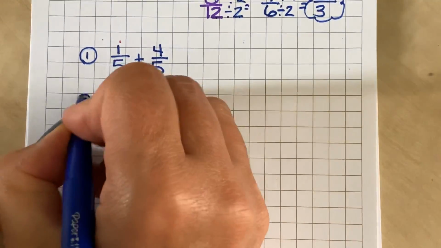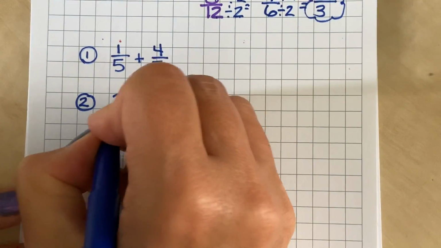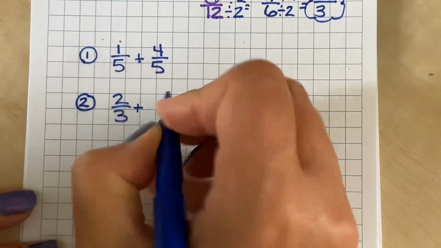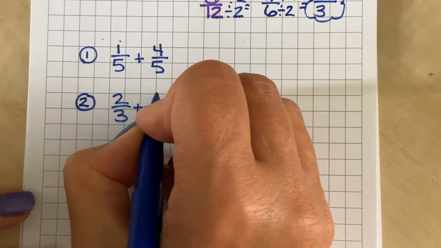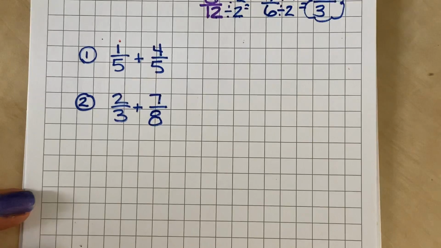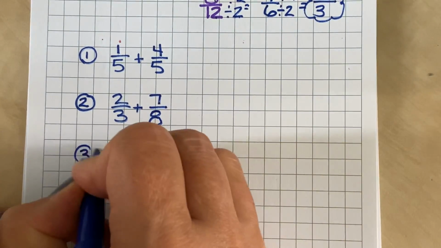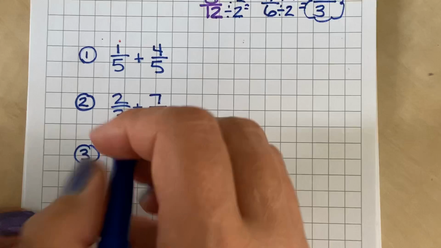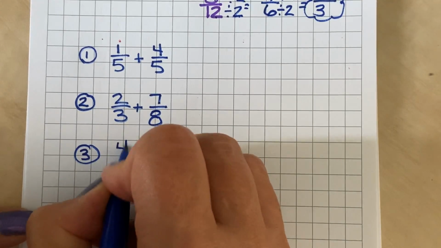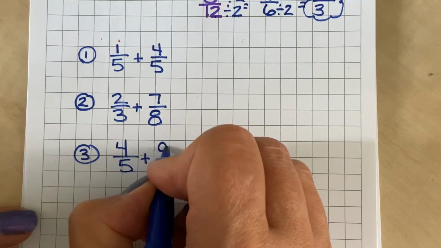The second problem I want you to do for me is going to be 2/3 plus, what's a good number? 7/8. Okay? And then the third problem I want you to do for me, there's only going to be 3, is going to be 4/5 plus 9/20.